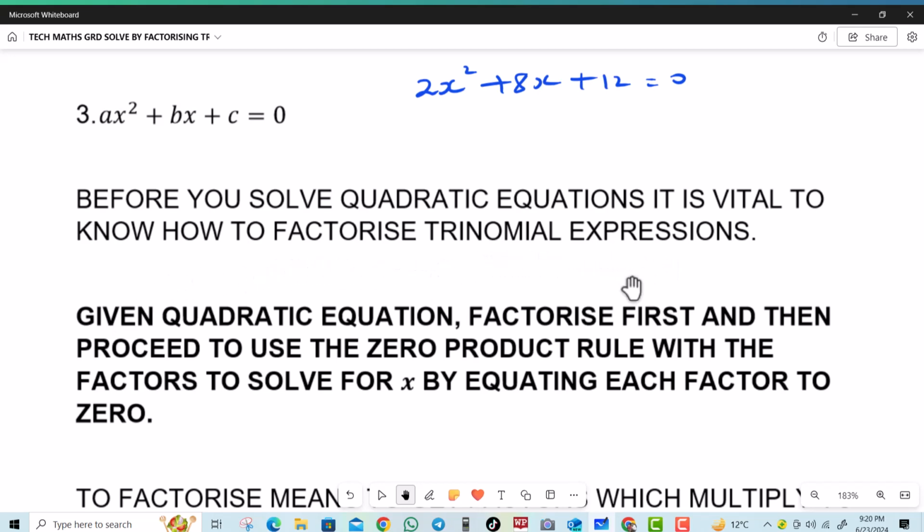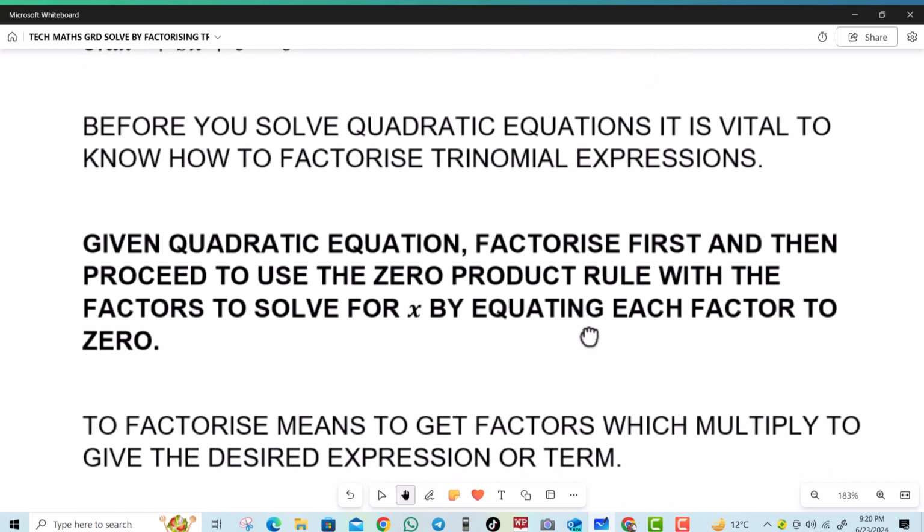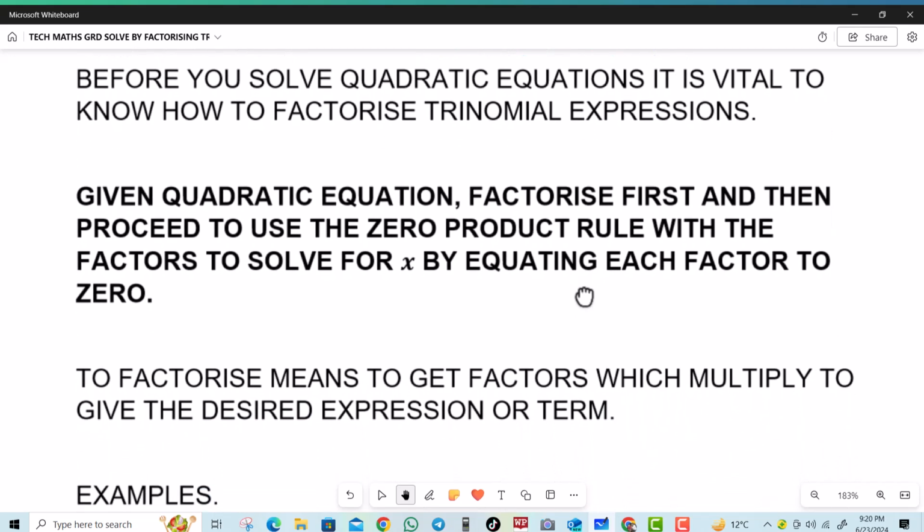So before you solve quadratic equations, it is vital to know how to factorize trinomial expressions. Given a quadratic equation, factorize first and then proceed to use the zero product rule with the factors to solve for x by equating each factor to 0. I repeat, we have a procedure which will fit here.